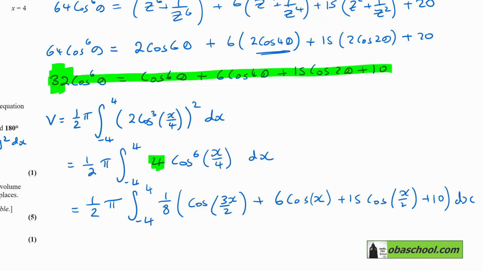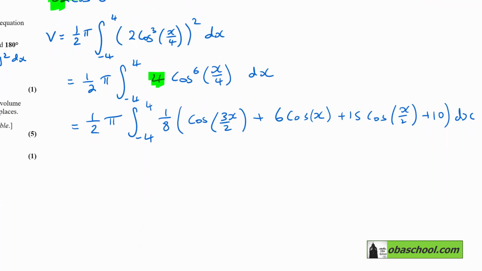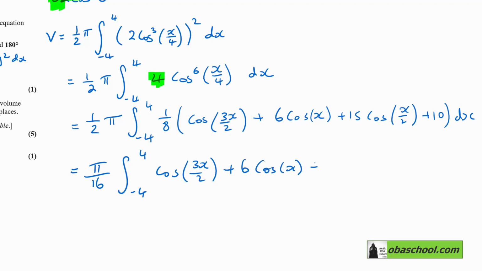So we can slide that 8th out of there and have a pi by 16 out the front. And then we're integrating from -4 to 4 cos 3x over 2 plus 6 cos x plus 15 cos x on 2, add 10.